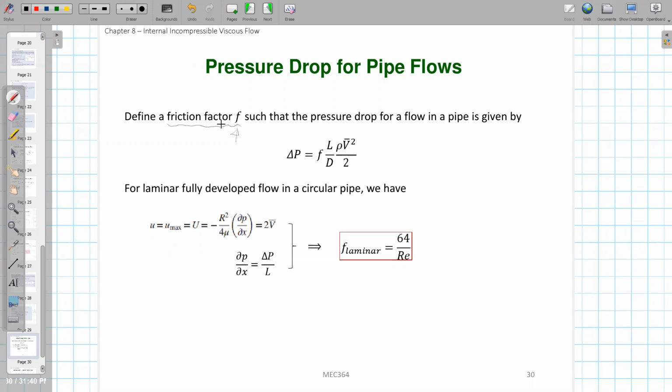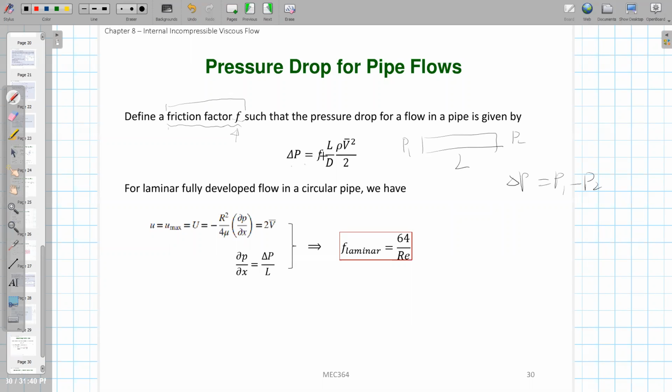So this friction factor F is defined in this way. If you have a flow with length L, this is P1, this is P2, and delta P will be P1 minus P2.